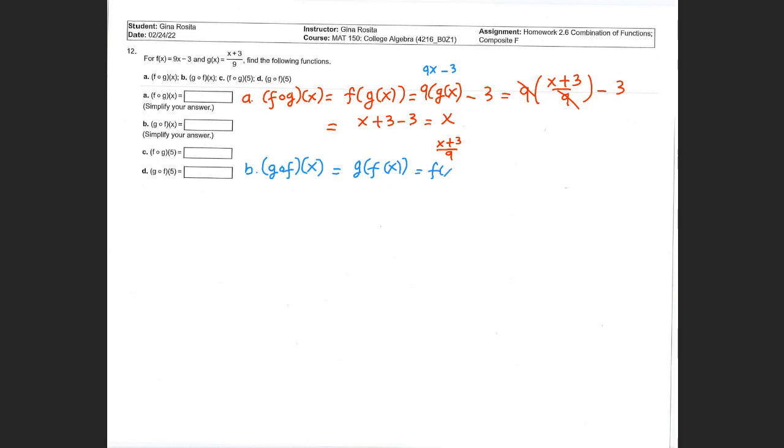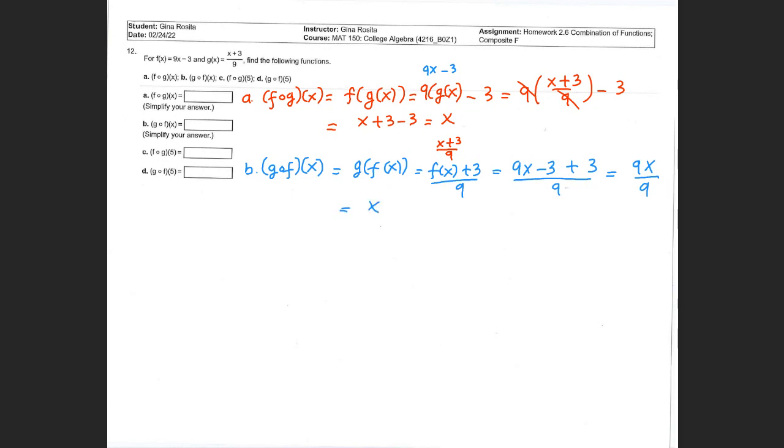I just put f of x plus 3 over 9. Replace f of x, so it becomes 9x minus 3, this is f of x, plus 3 over 9. So the answer becomes 9x, negative 3 plus 3 is 0, over 9. 9x over 9. So the answer is x.